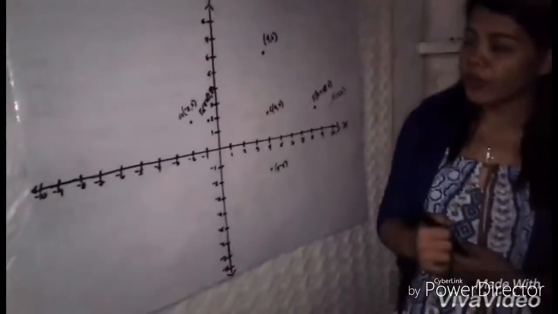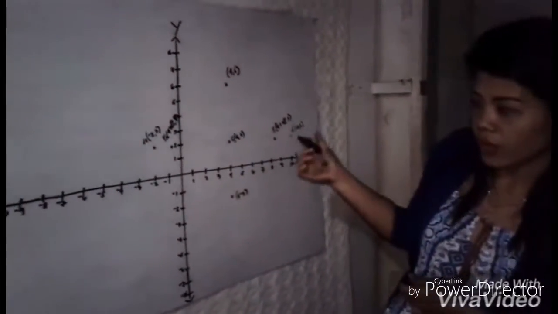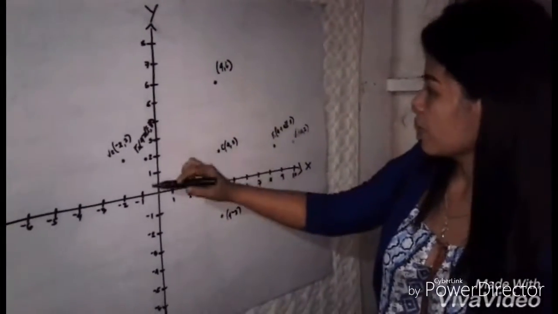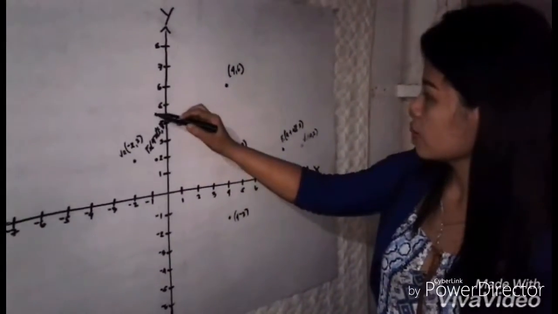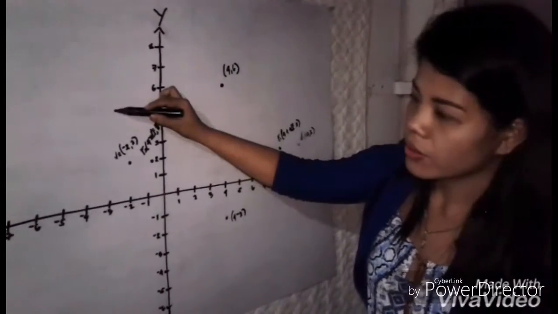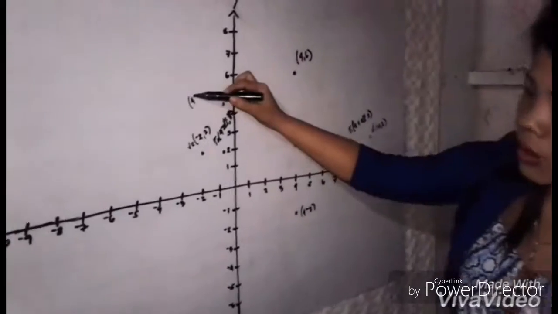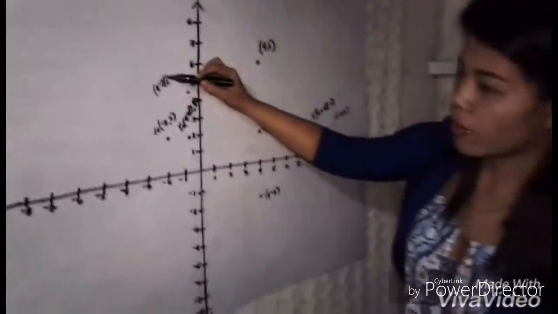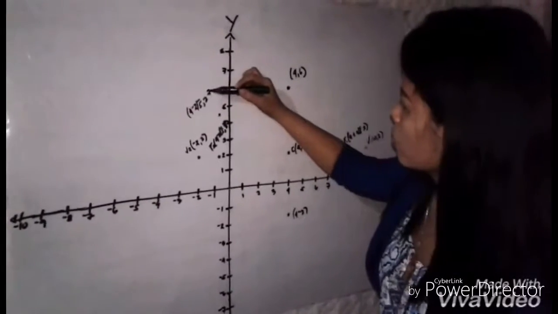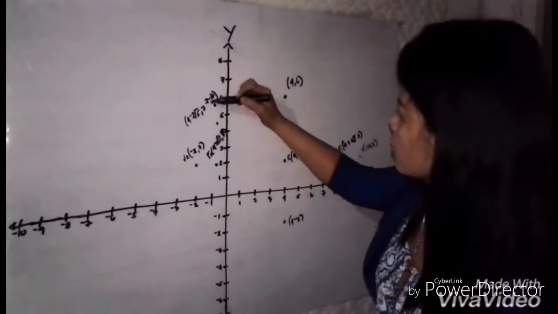Next we locate the endpoints of LR. Here is our first endpoint, (4 minus 2 square root of 5, 2 plus 16 over 6).